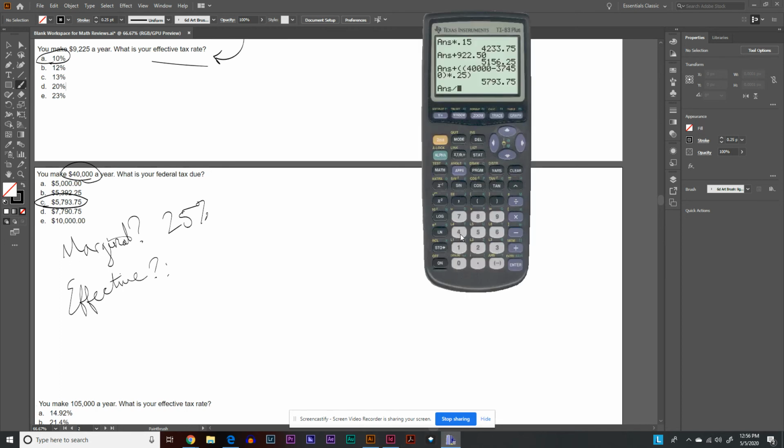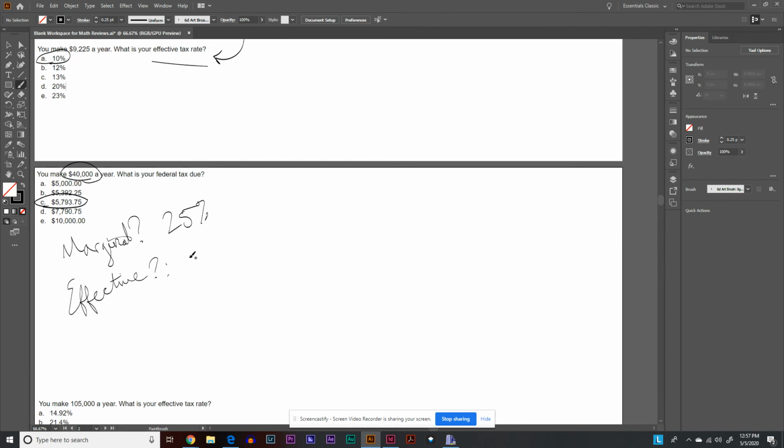So take that, divide it by $40,000 a year, and I can see that my effective tax rate is 14.48%. I'm going to just round that to 14.5%, right? So our effective tax rate is 14.5%. So am I really paying 25% taxes? No, I'm paying 14.5% because this is a graduated bracketing tax system that we're working with here, right?